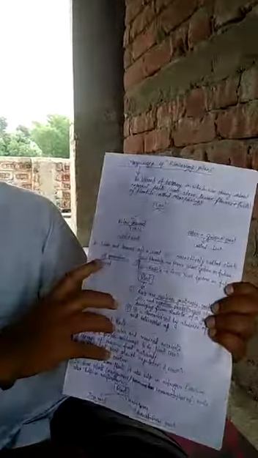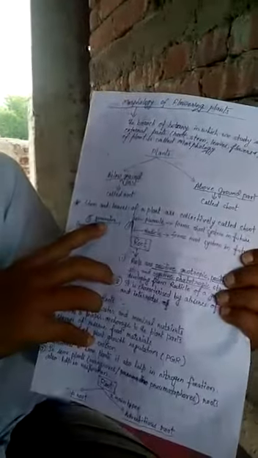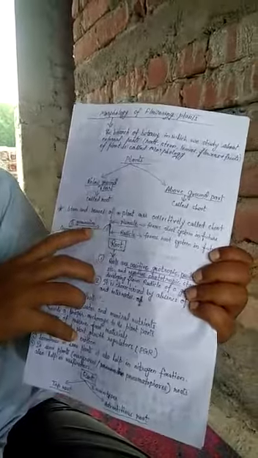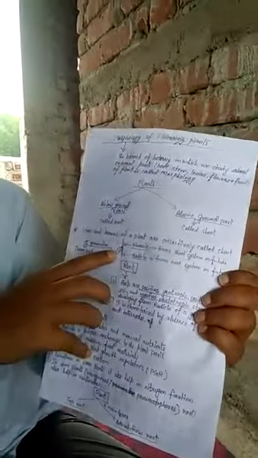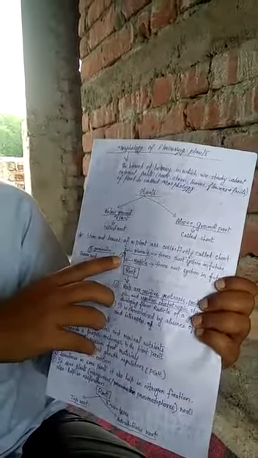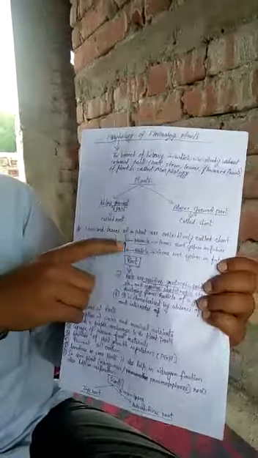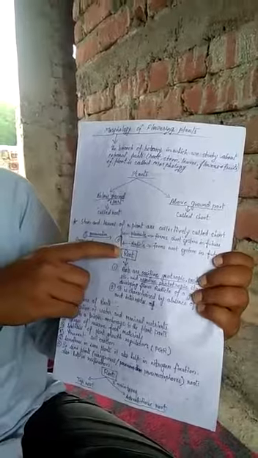Whenever we try to germinate a seedling, this is one seedling. If this seed is allowed to germinate, two structures simultaneously come out. One moves in the upward direction, and another one moves in the downward direction.